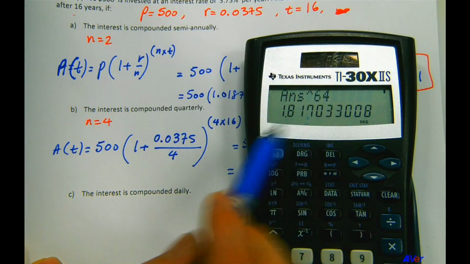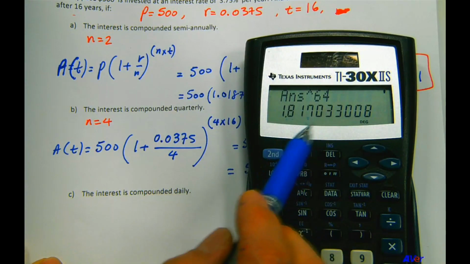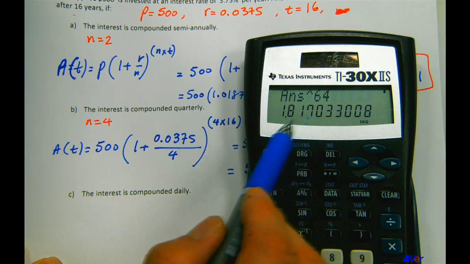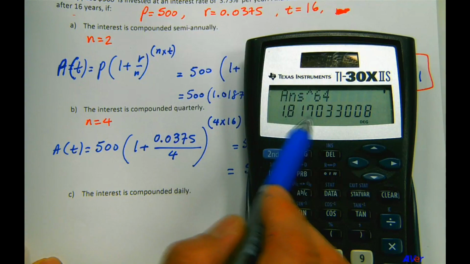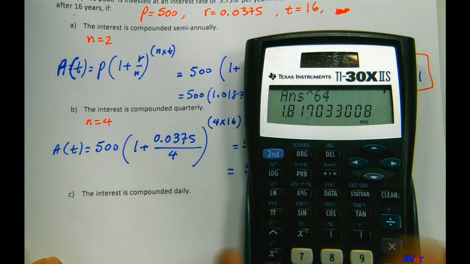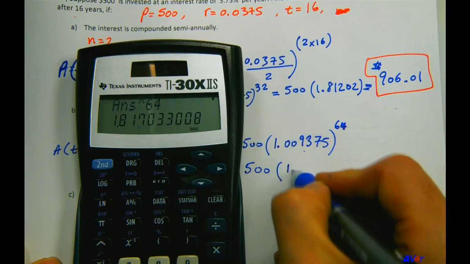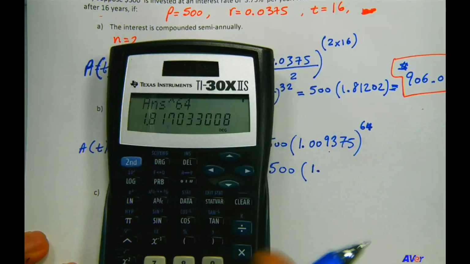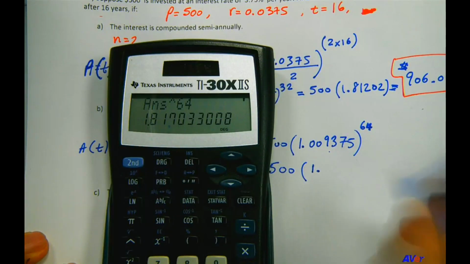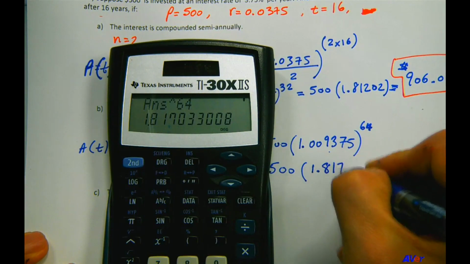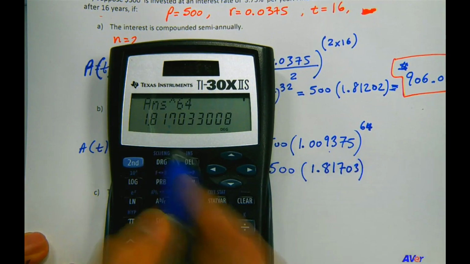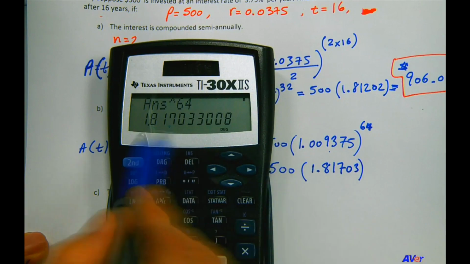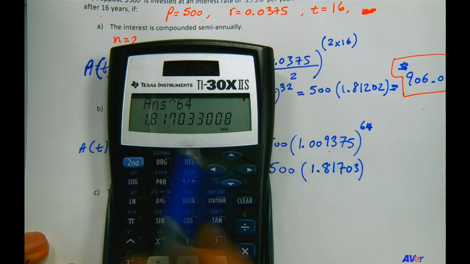So we have 1.817. I'm going to keep 5 decimal places. So 1.81703 is where I'm going to stop. Okay? But of course, even though I wrote that down on the calculator, I still have everything.